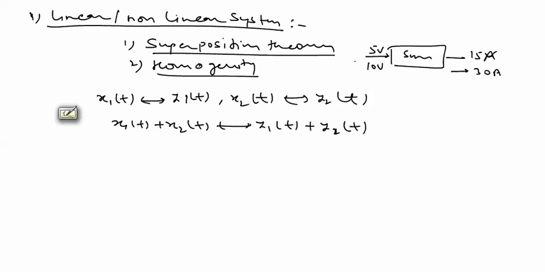If the combination of these two is applied to the system, 15 volt, the result will be 45 ampere. That means superposition: individual inputs produce individual outputs, and the sum of the individual inputs produces the sum of the individual outputs. The output due to the sum of inputs must equal the sum of the individual outputs.